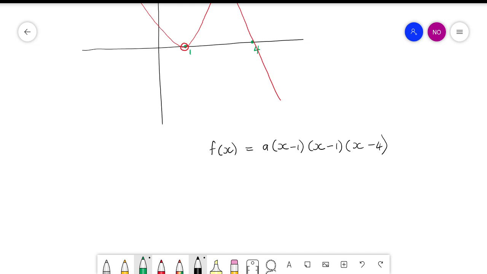So daar het ons basies ons 3 afsnitte, dan moet jy nog 'n punt gaan instel. Which other point can we substitute here? 3 en 8, né? So A is gelyk aan minus 2.